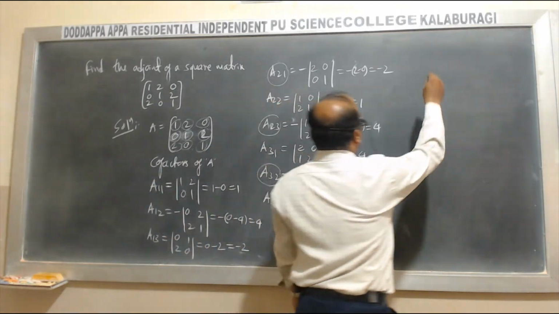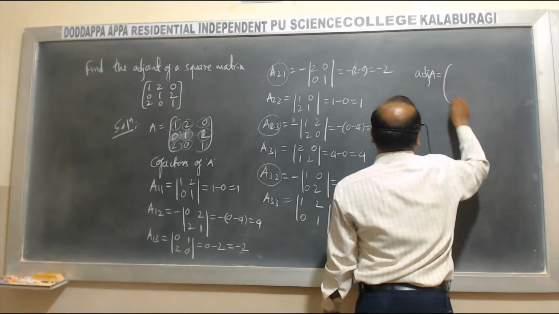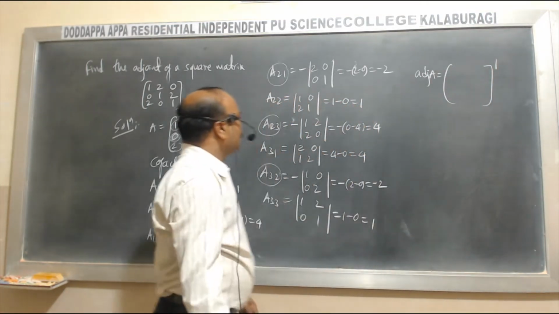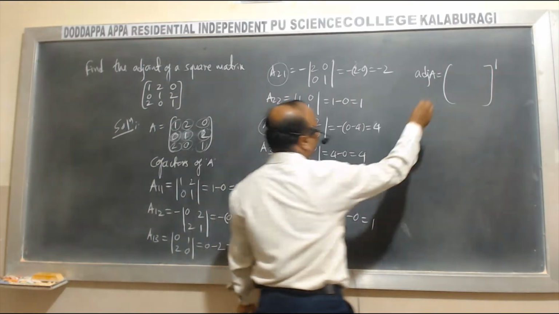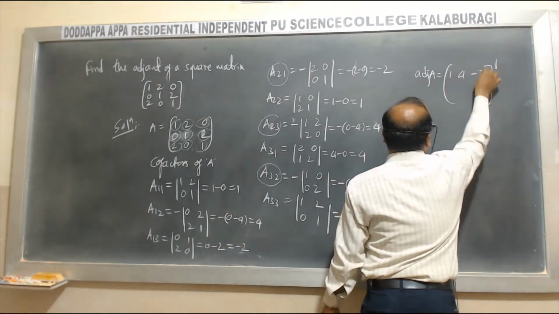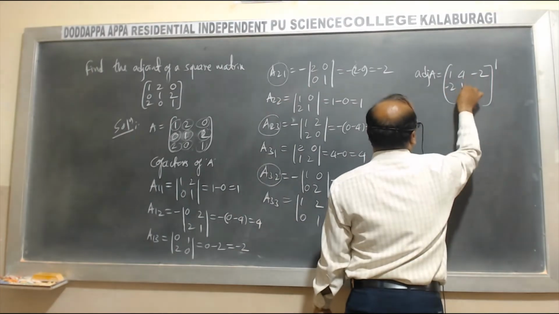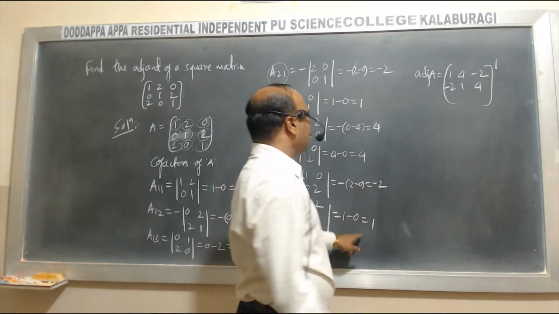Now we go for the adjoint of A. The adjoint of A is the transpose of the cofactor matrix. Now we substitute all the values. First row is 1 4 minus 2, second row is minus 2 1 4, third row is 4 minus 2 1.